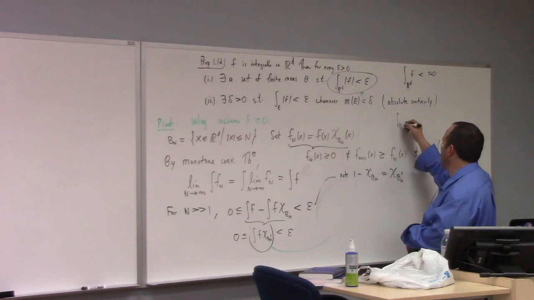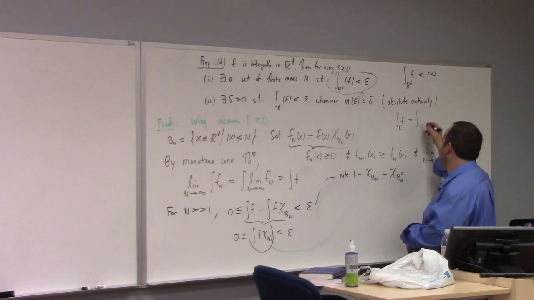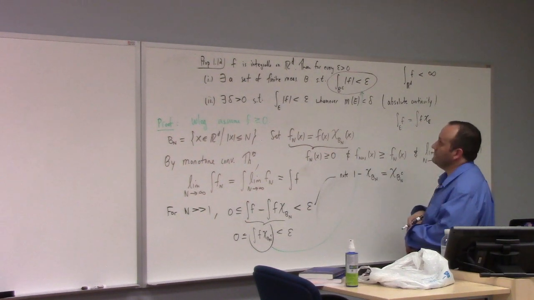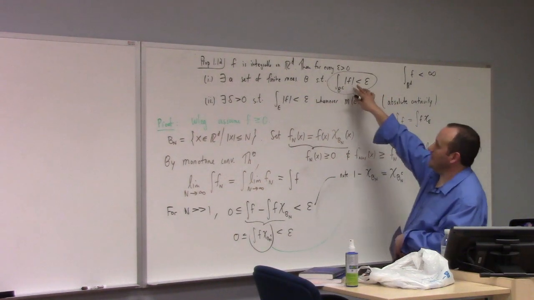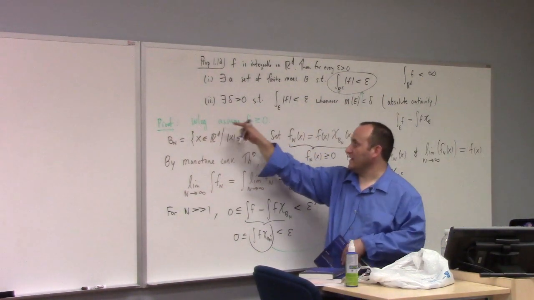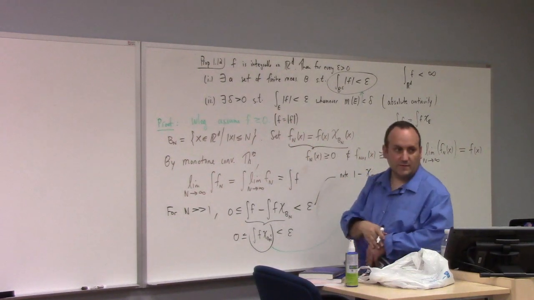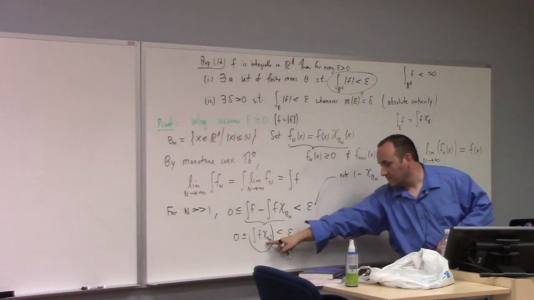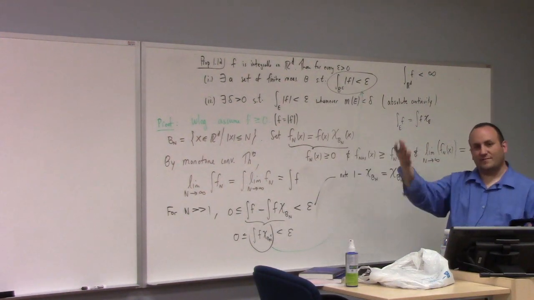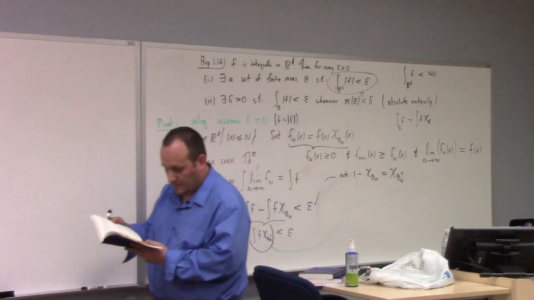So the integral over E of f was defined to be the integral of f times chi E. And also we're assuming that f is equal to the absolute value of f here. So in short, it's by the definition of the integral over a measurable set.